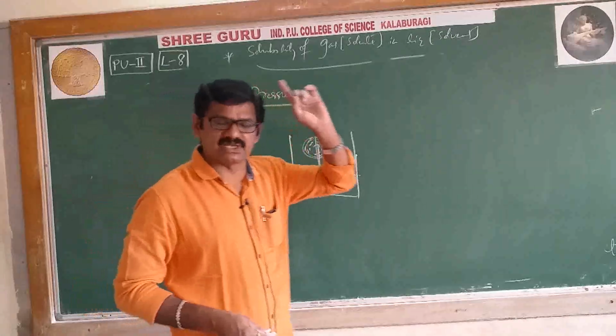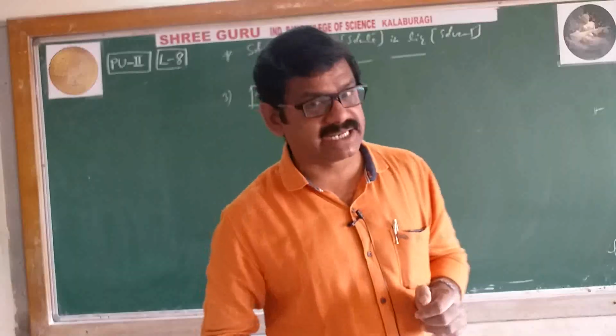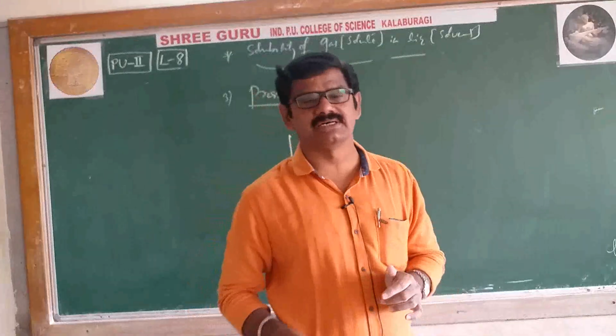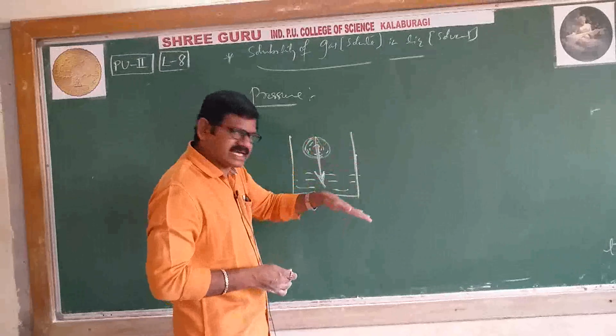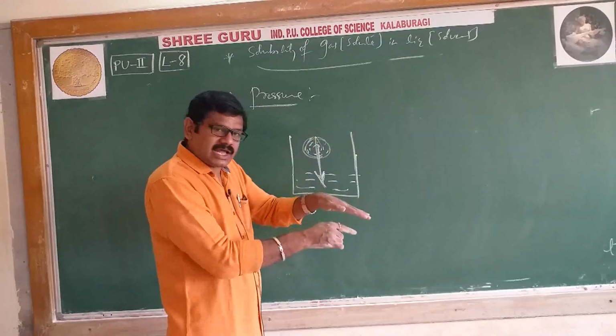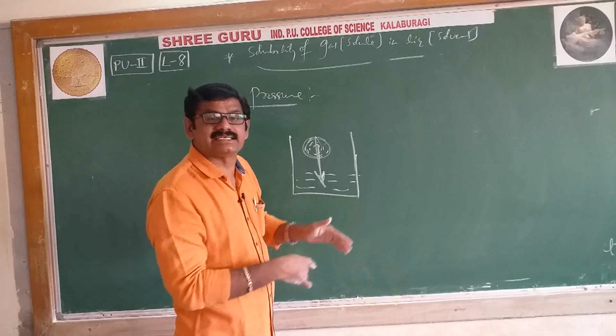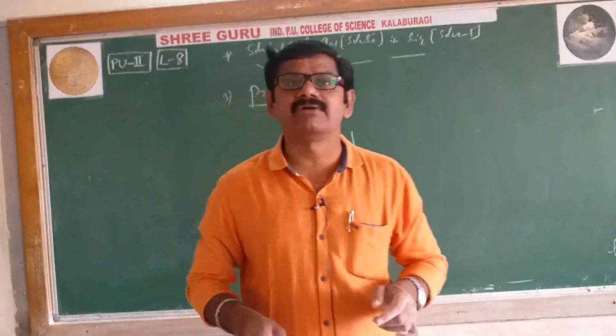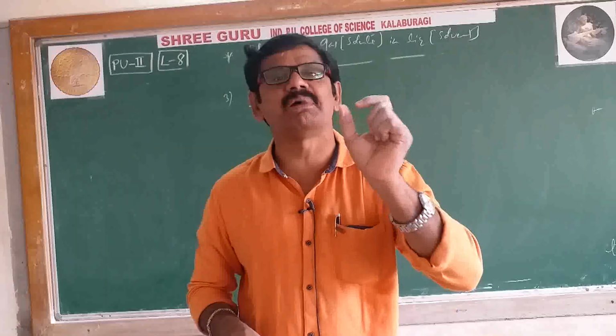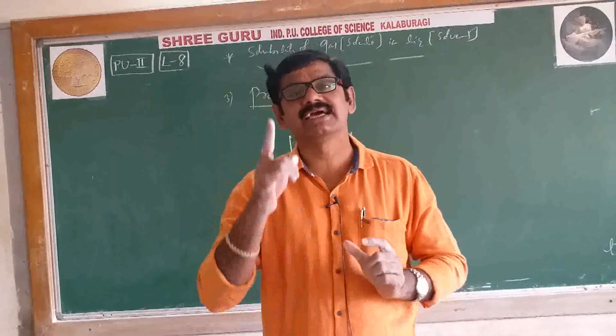First point is nature of solute, that is gas. Second point is temperature. Third point is pressure. How pressure is influencing: if pressure increases, definitely solubility of gas in solvent increases, because when pressure increases, the number of gas particles per unit volume of water increases.